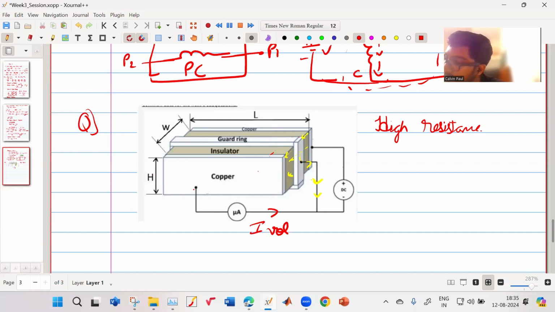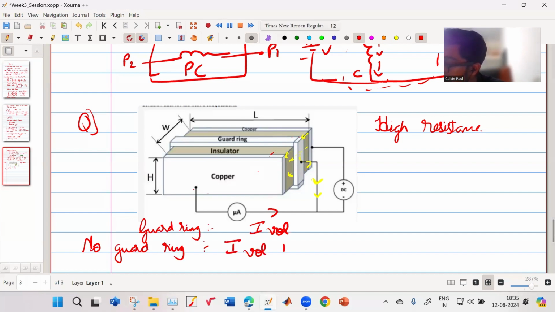This is when the guard ring is there, the current seen in the ammeter is only the volume current. But when there is no guard ring, the current will be the current flowing in the volume of the resistor plus the surface current. Both these currents will come into picture.